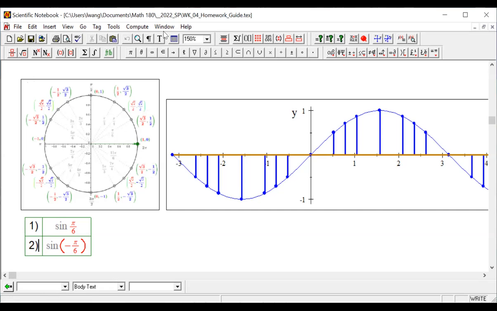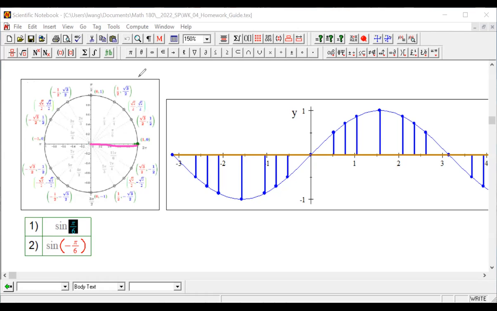The intention of giving you a question like this, if you work on the unit circle, is that I would like you to look at both ways. You see that pi over 6 is a positive angle, so you would measure counterclockwise.